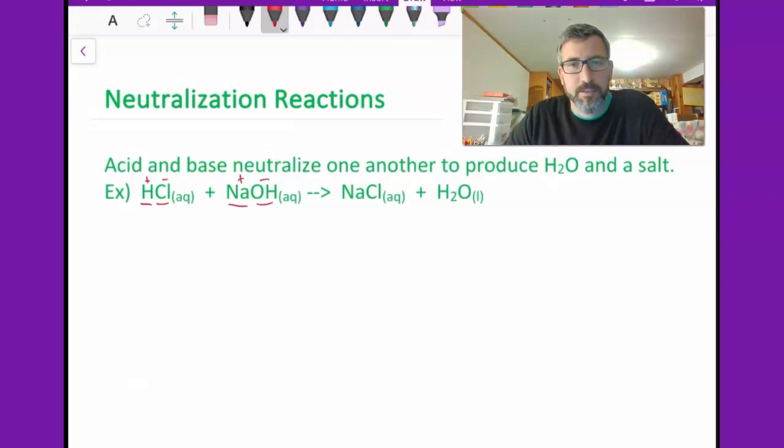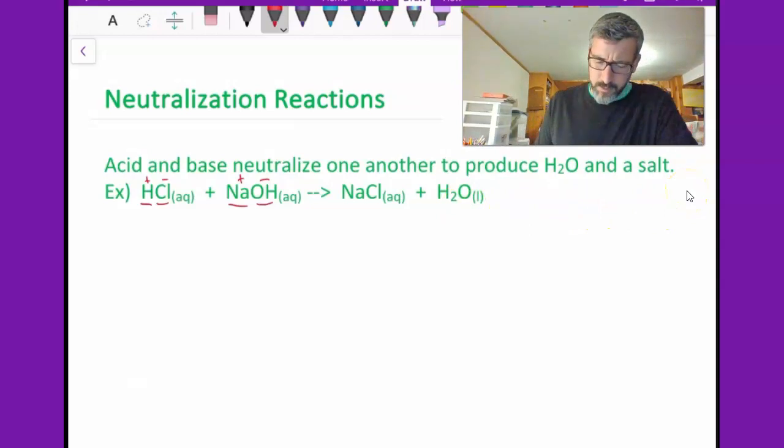They're just trading places, and that's what's going to give you the salt and the water on the other side. So it's a double replacement reaction. It doesn't form a precipitate, but if you remember, one of the details of double replacement reactions first semester was that it either forms a precipitate or a molecule. And of course, water is a molecule. So this is definitely a reaction. So let's take a look at predicting another one.